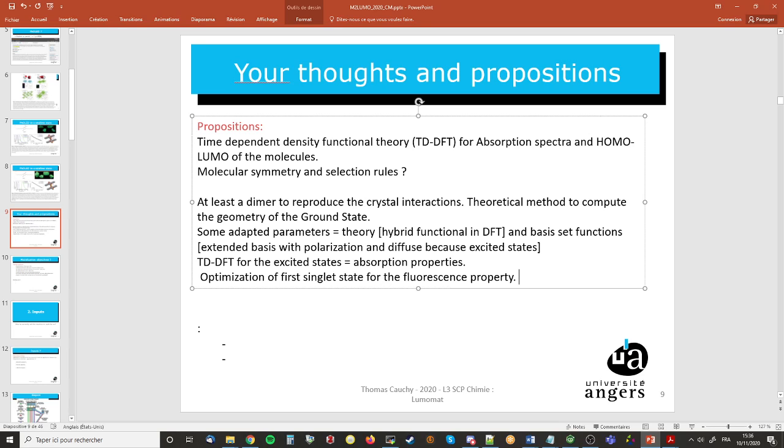Rania, what do you have to complete, change, or add? We discussed about the same thing as group 2.